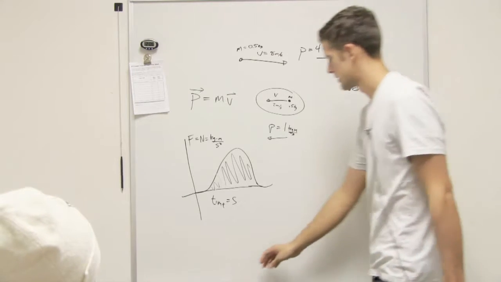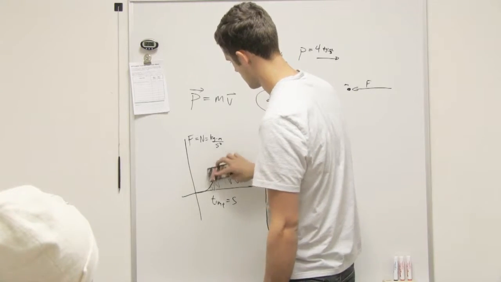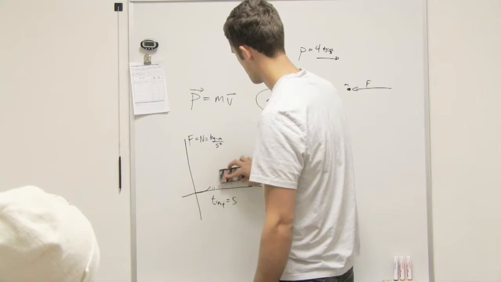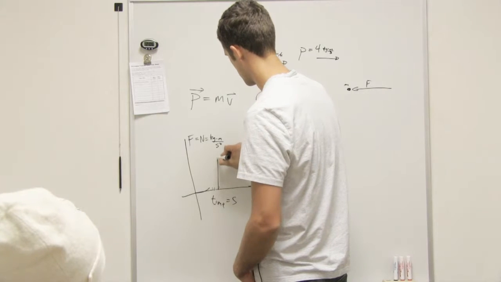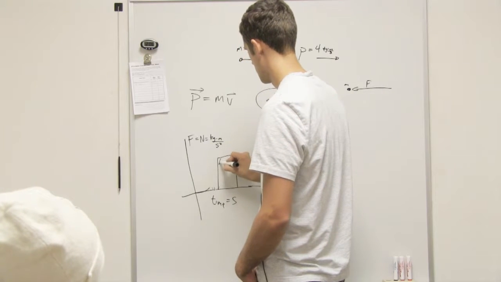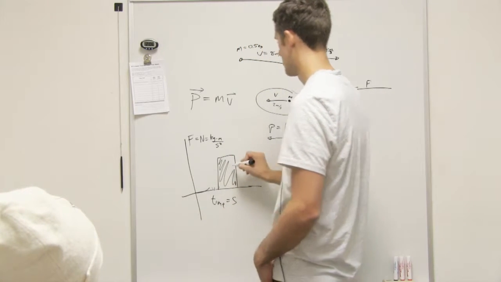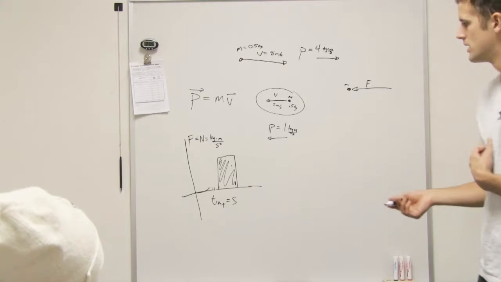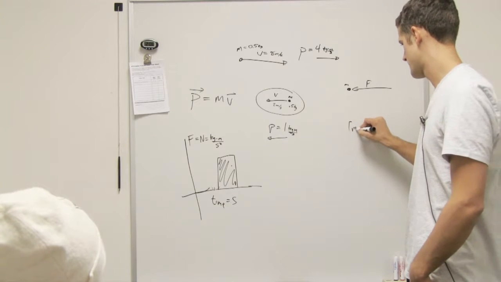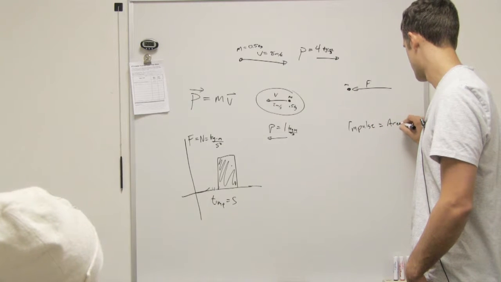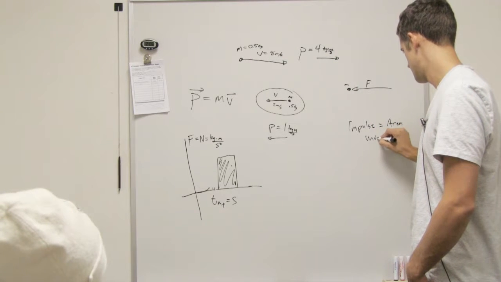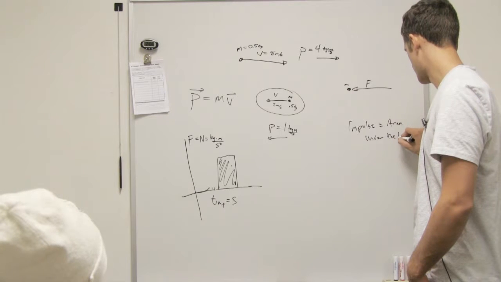Let's make it simpler. We don't have to find the area, but say your impulse was just perfectly square. You just went up like this, back down. So you wanted to find this area. So the impulse is the area under the force time graph.